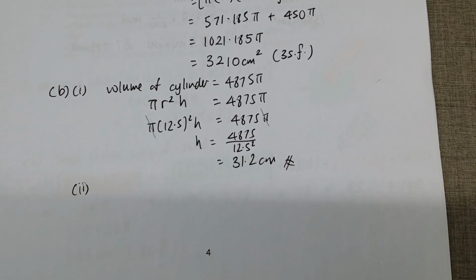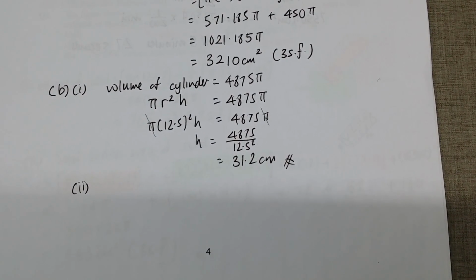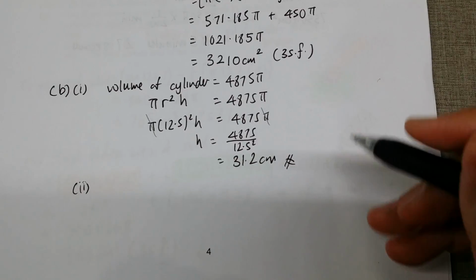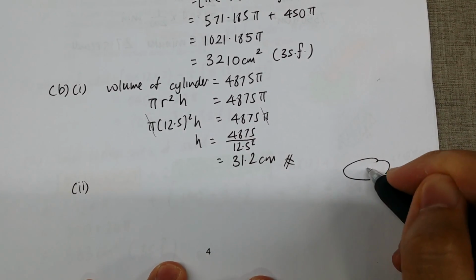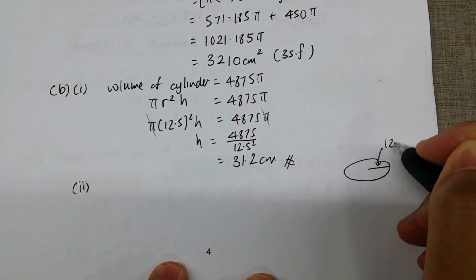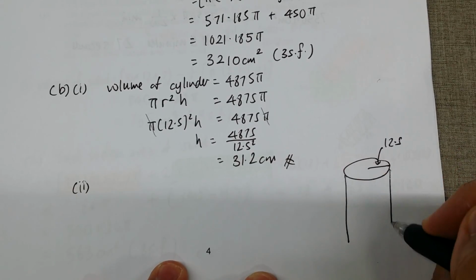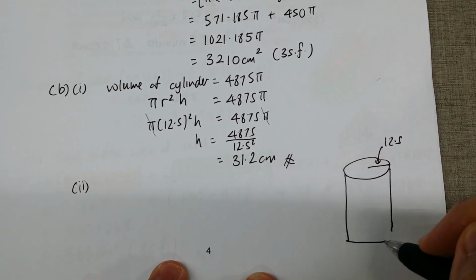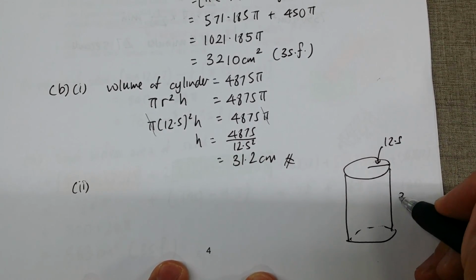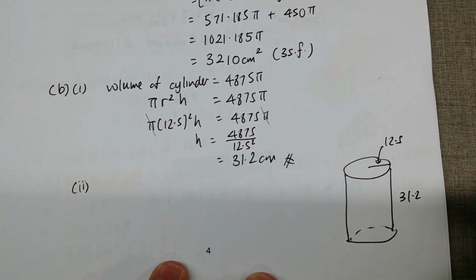This is a brand new question talking about cylinder. Surface area of the cylinder, leaving your answer in terms of pi. Do I have all the information? Let's see, I have the radius 12.5. Now I have the height 31.2. Surface area shouldn't be a problem now.